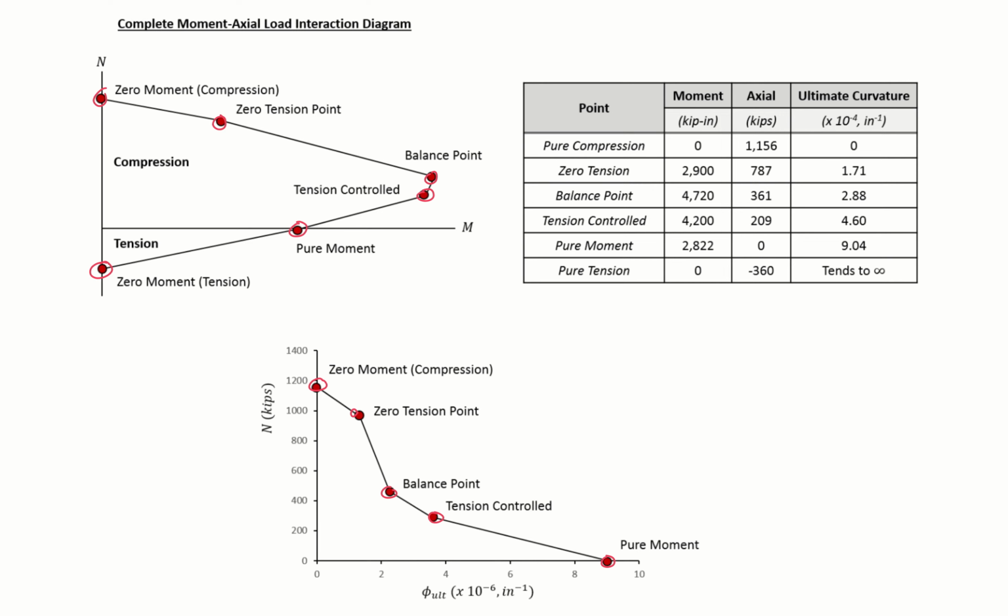So we'll look at in other examples how we can create a simpler moment-axial load interaction diagram, but our key points will typically be our 0 moment point, our balance point, our tension controlled point, and our 0 moment tension point. And we can also find our pure moment point if we want a fifth point.